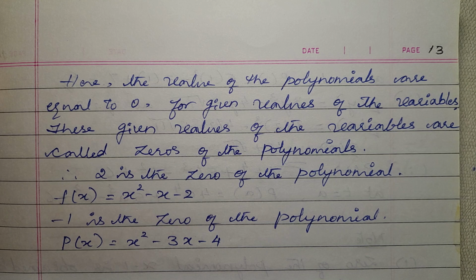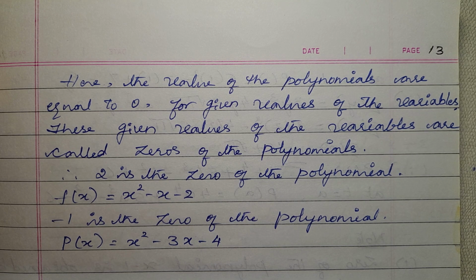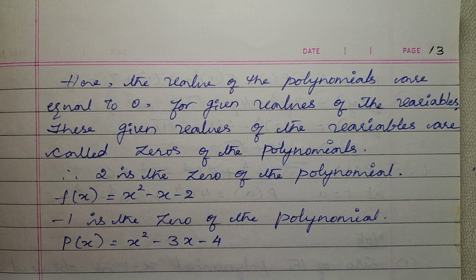Here the values of the polynomials are equal to 0 for given values of the variables. These given values of the variables are called zeros of the polynomials.